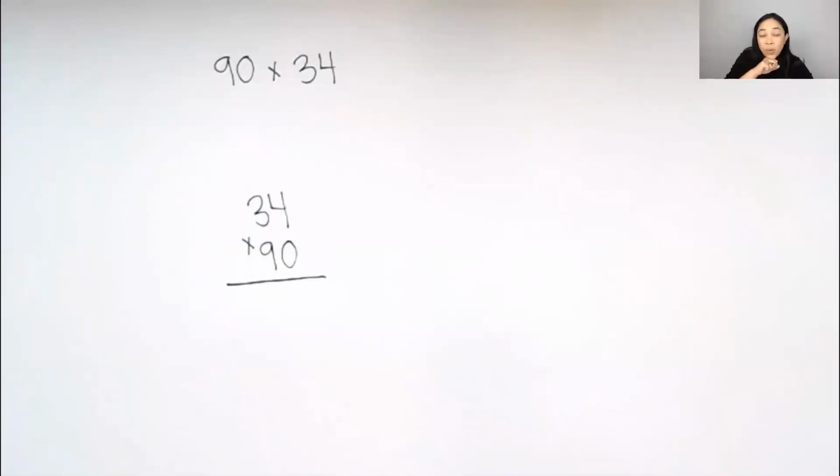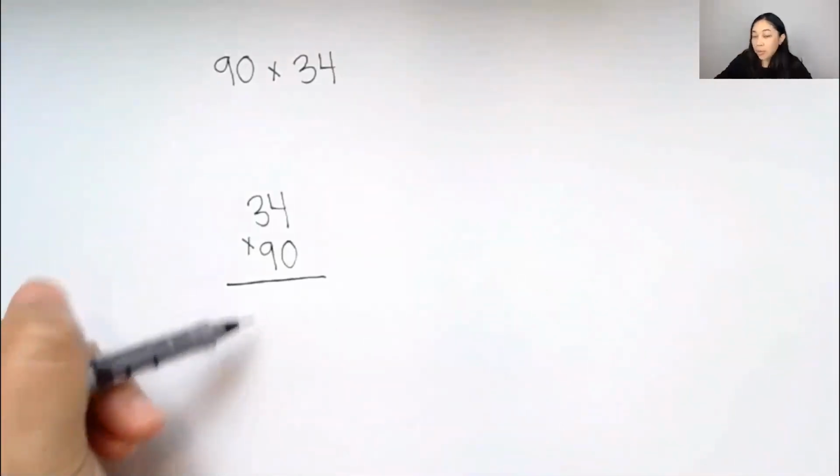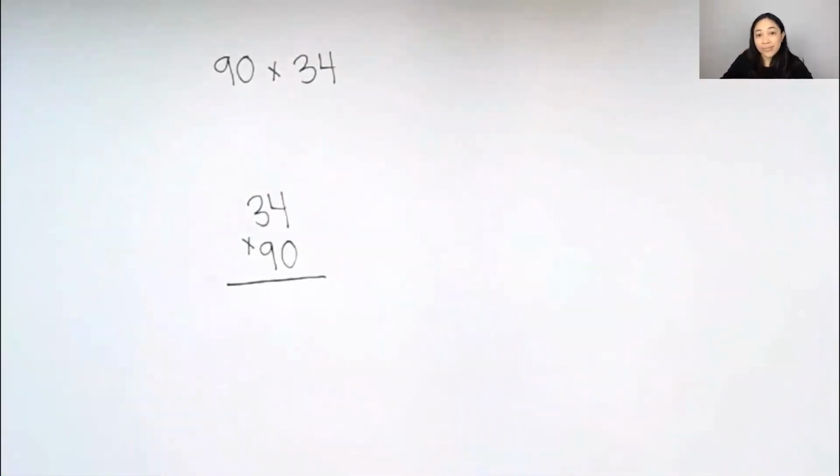The 34 would be split into two parts: 30 and 4. Pause the video here to use the image in your mind of the area model to record the two partial products below. Then solve 90 times 34. When you're done solving, explain aloud using unit language how you solved this problem. I'll be here when you get back.